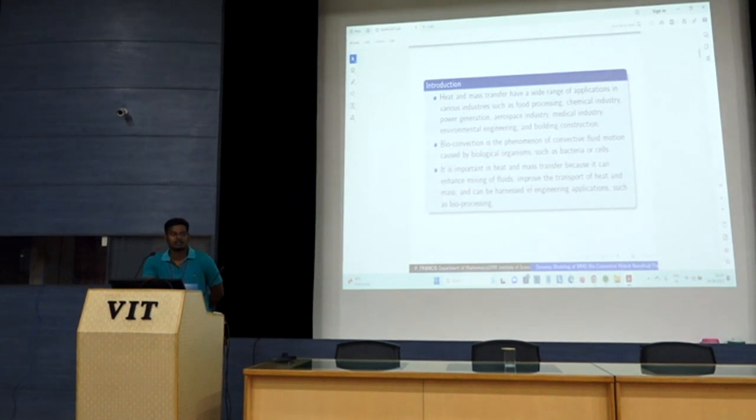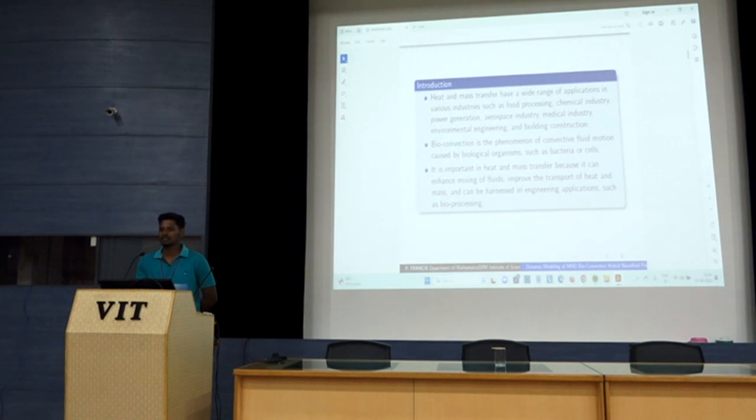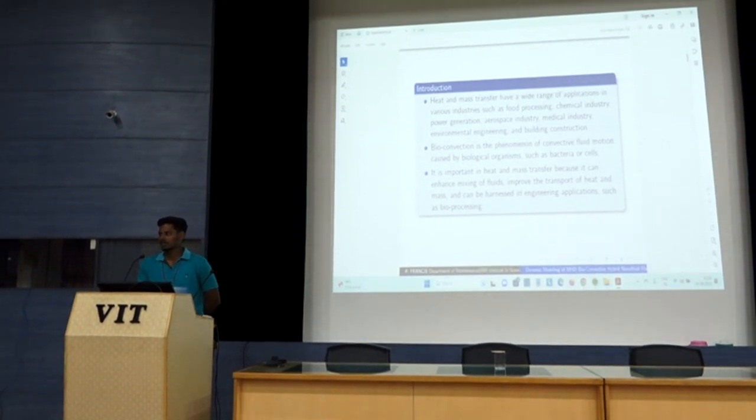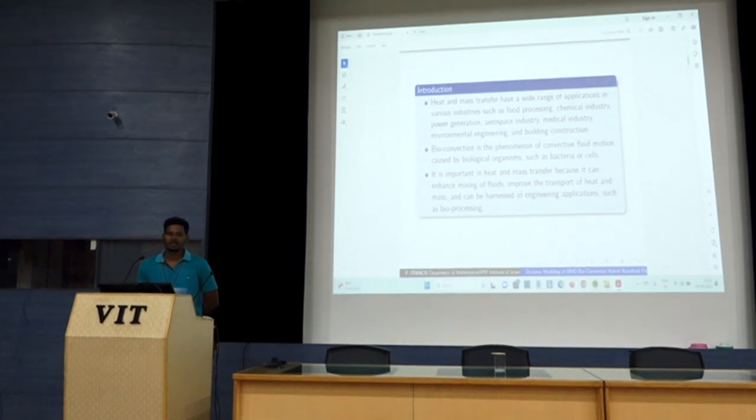Next, bioconvection. Convection is one kind of heat transfer. Heat transfer happens due to convection, conduction and radiation. In particular, in bioconvection, heat transfer happens in a fluid which contains microorganisms.